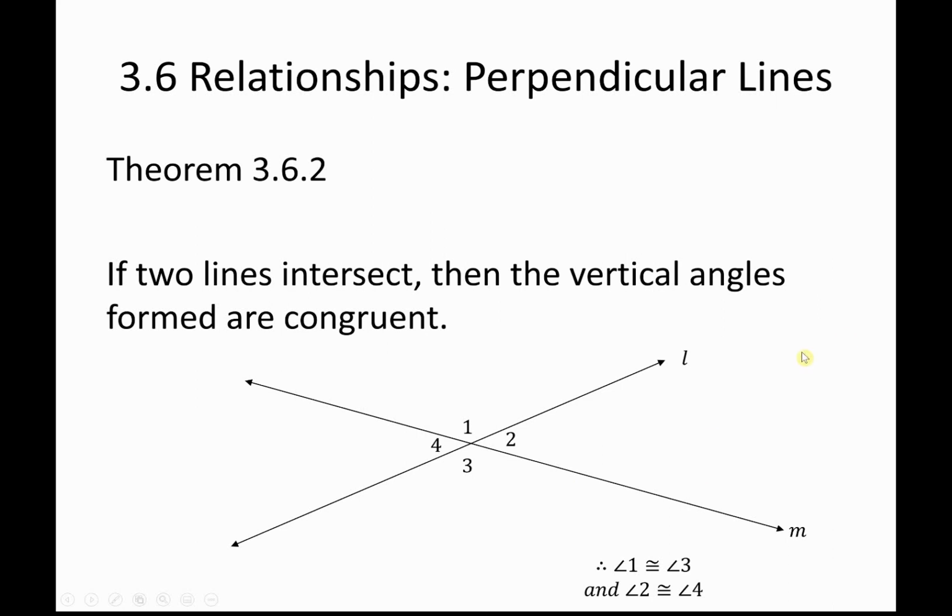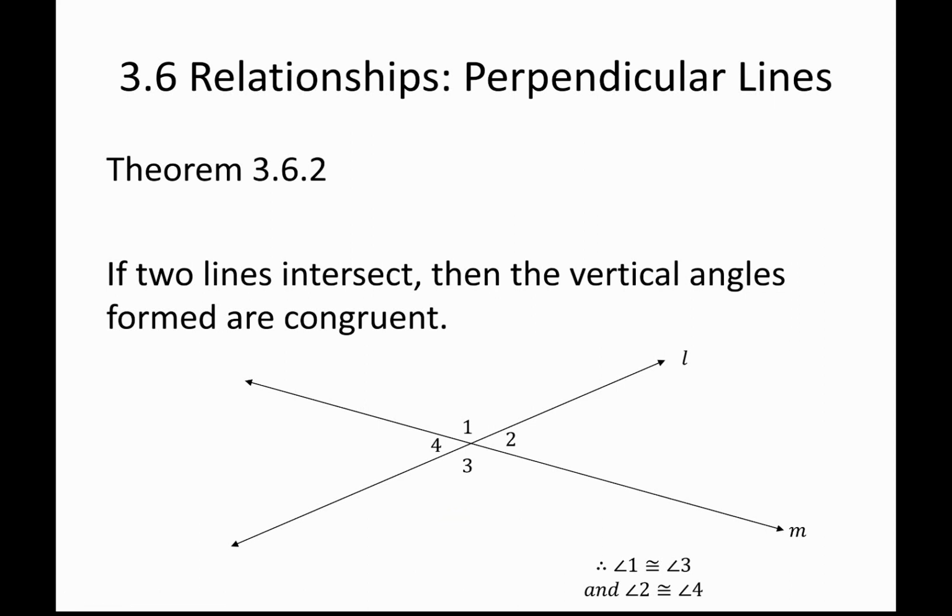Okay, great. So again, keep this theorem in your back pocket, but much like I was saying earlier about the definition of perpendicular lines and that corresponding very highly related theorem, do not confuse this with the definition of vertical angles. If you recall, the definition of vertical angles is angles in opposite positions that are formed when two lines intersect, right?